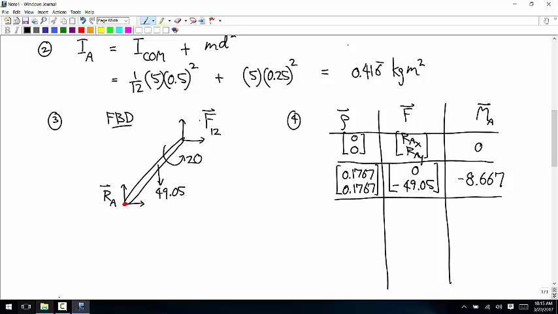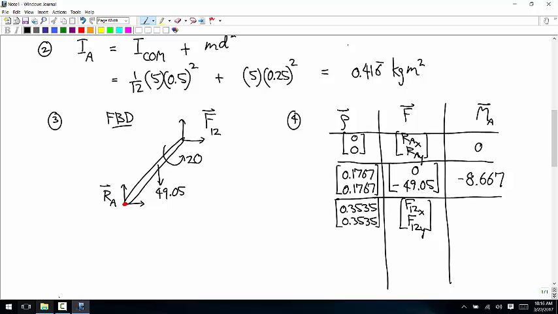Then we have the force F12. That's 0.5 times cosine and sine of 45. So that's 0.3535. Force vector is F12x, F12y.